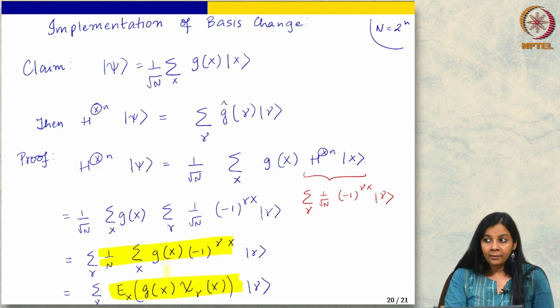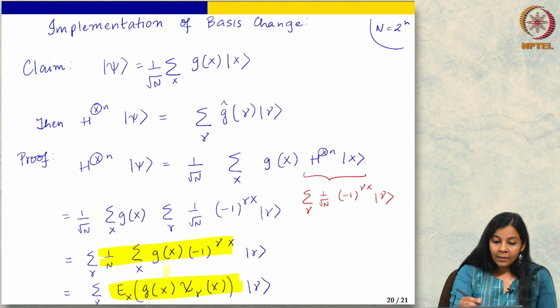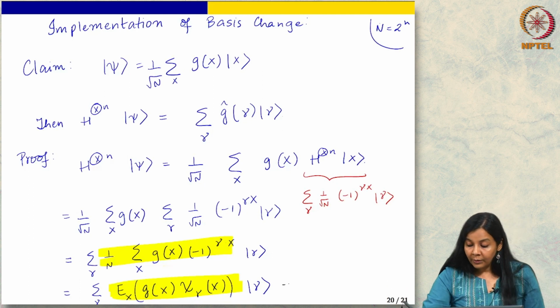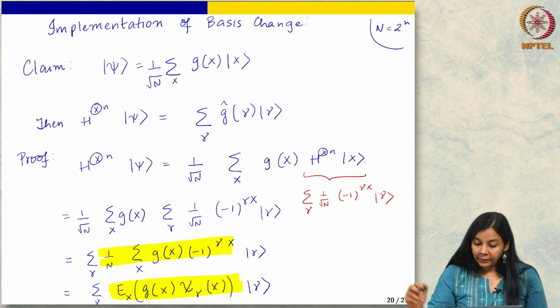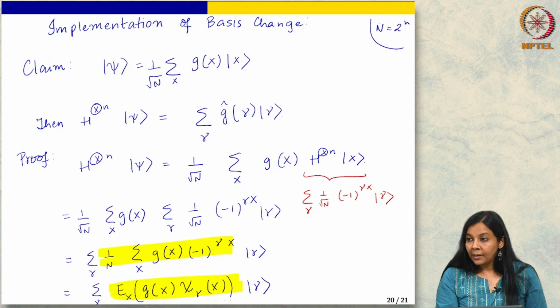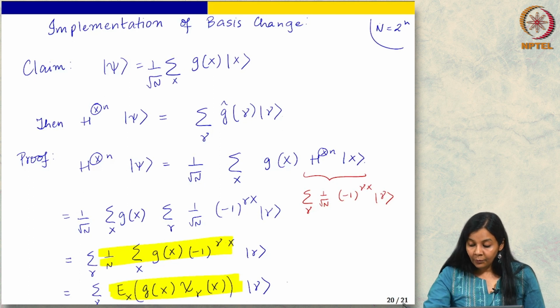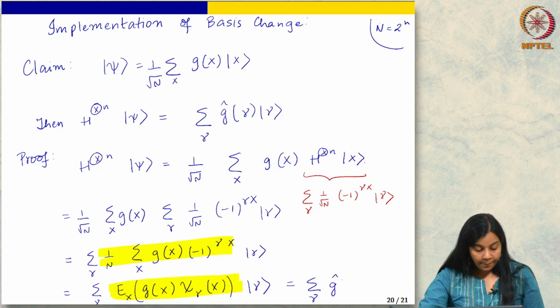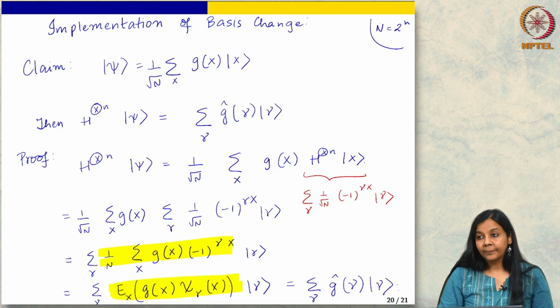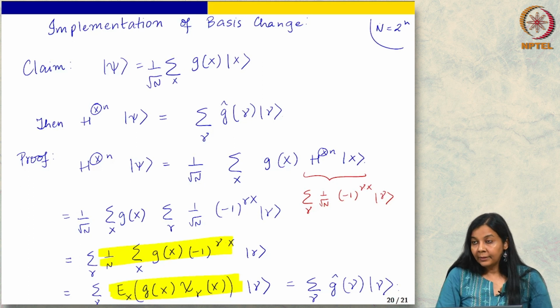Everyone agrees with this? Just by definition. Okay. But now we are doing good because we already proved that this is g hat gamma, right. So, this is nothing but summation over gamma, g hat gamma, chi gamma, and this of course is what we wanted.